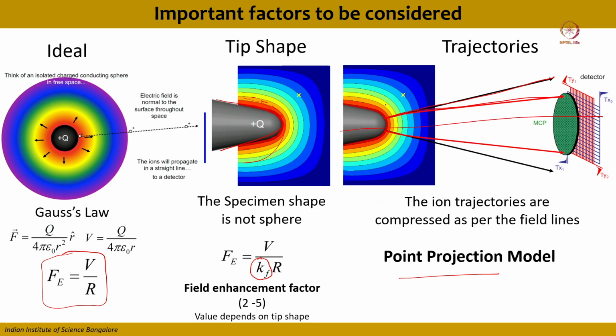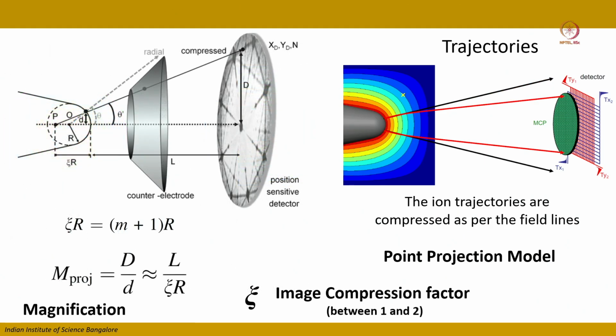This is related to the near field and far field electric field distribution, and it directly relates to the specimen's local curvature effects. So there will always be ion trajectories that are compressed as per the field lines. From the basic point projection model, you can assume that the atoms are radially accelerated, but usually they are compressed and hit the detector at a distance d from the center axis.